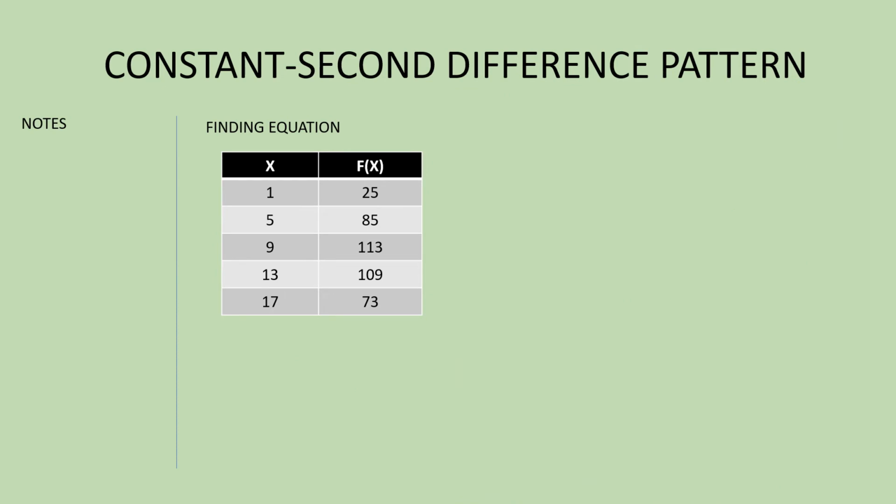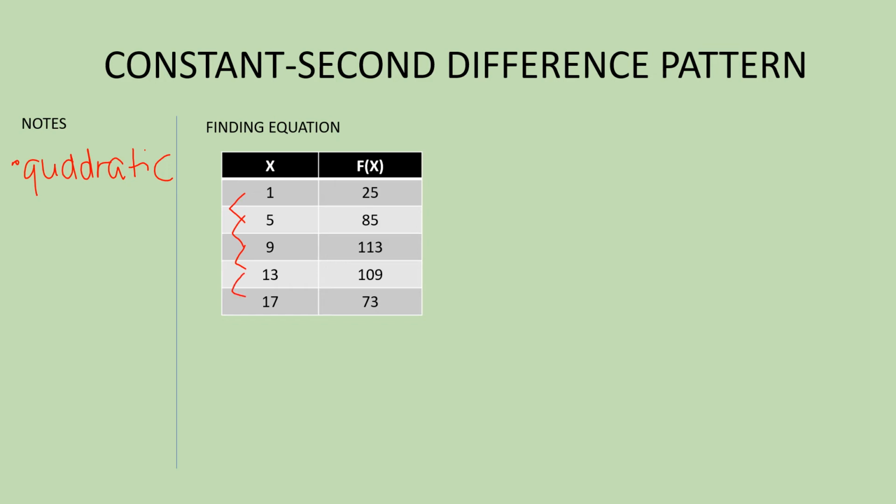Our last pattern is going to be the constant second differences pattern. This will always be used for quadratics, if you have a quadratic table. And it is important to note that there are always the constant differences on the x and constant second differences on the y, which I am about to explain here.